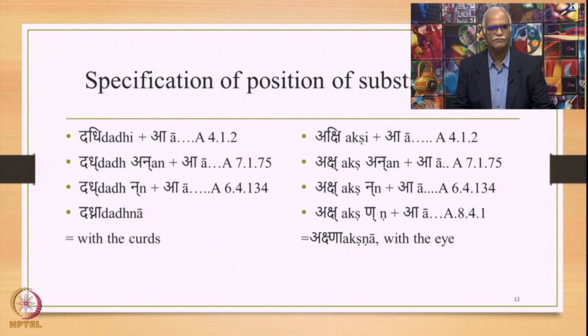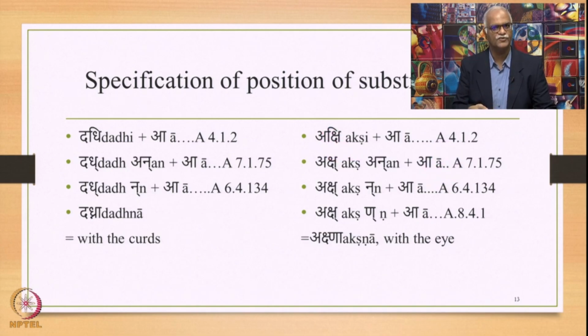Then 7175 says, when the right hand side environment is a vowel beginning vibhakti, beginning with the third case, which is what this is. This is a vowel beginning vibhakti also, and part of the third case, that is the instrumental case. So this right hand side environment is fulfilled. Now substitute this akshi by an.